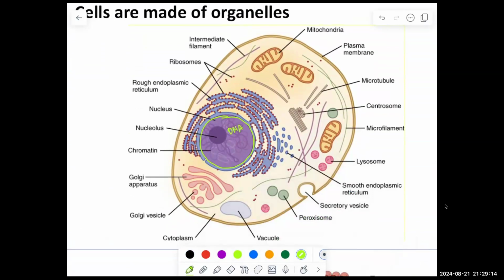Okay, it contains it, and it's responsible for eventually making the DNA, and the DNA will become RNA, which will come out to make the proteins which make cells. So you need to know what the DNA is. It is the blueprint of the cell, and it is maintained in the nucleus of the cell.